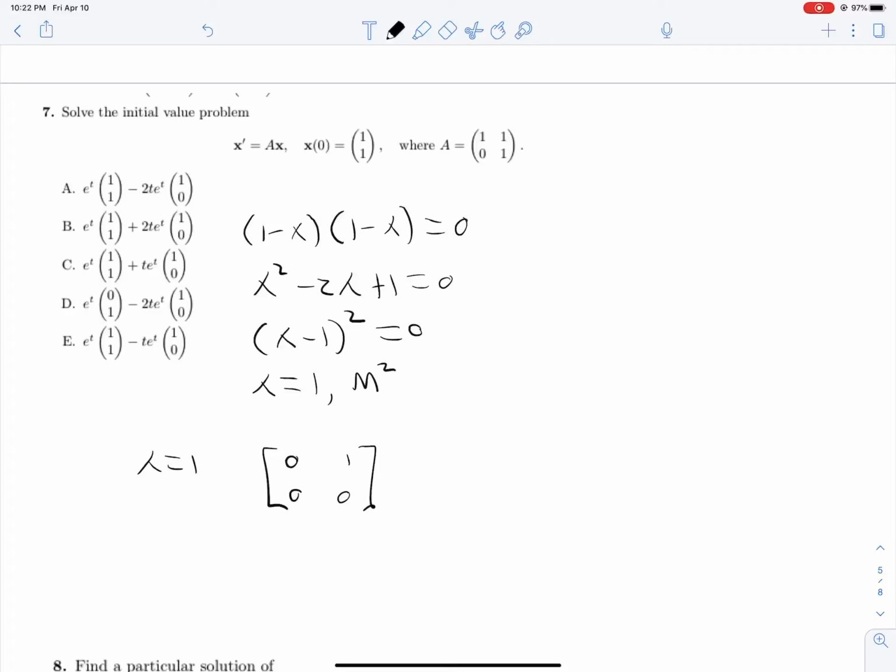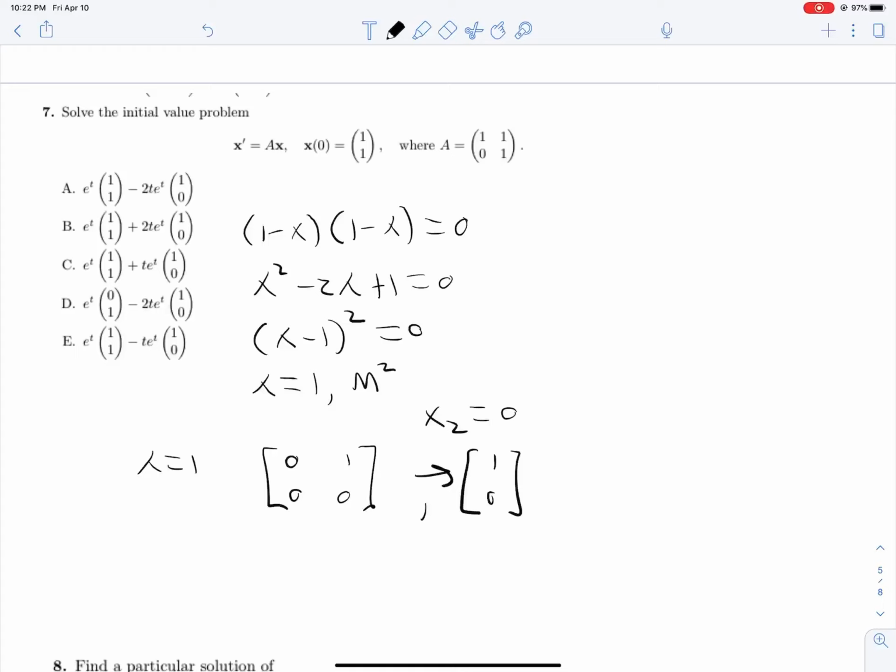What this is saying, if we read this out in equation form, is that x2 is equal to 0. So x1 is our free variable, and thus that is the eigenvector that we get out of this whole deal. And now we can set up the first half of our equation, but we're still going to need to find our generalized eigenvector to fully solve it.